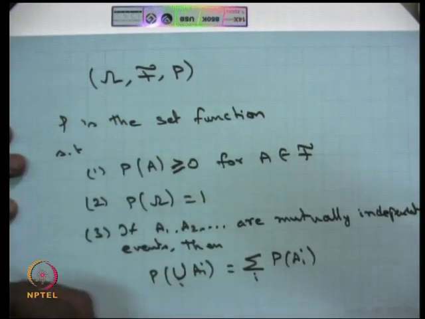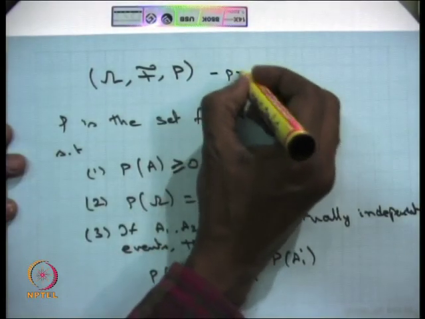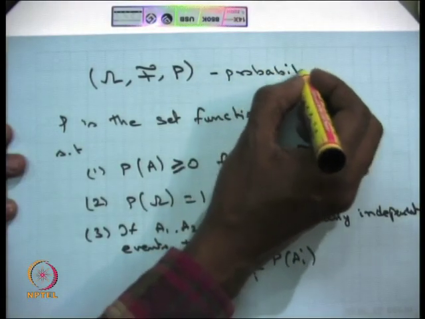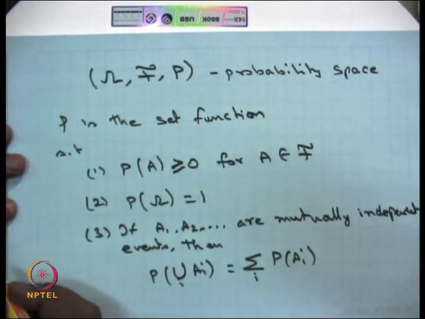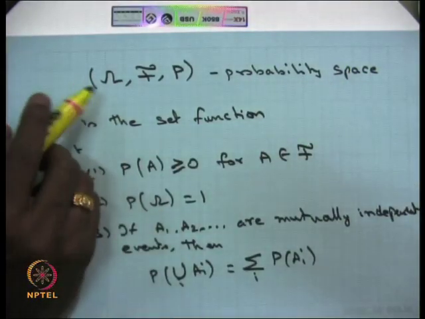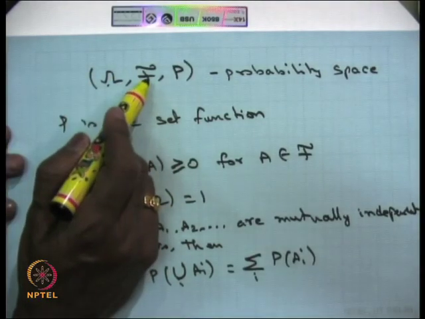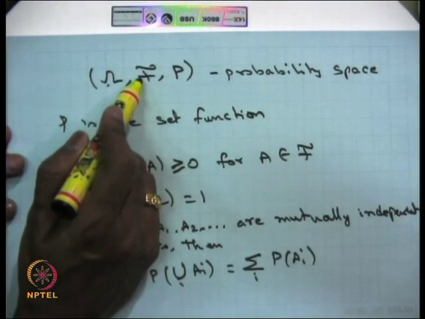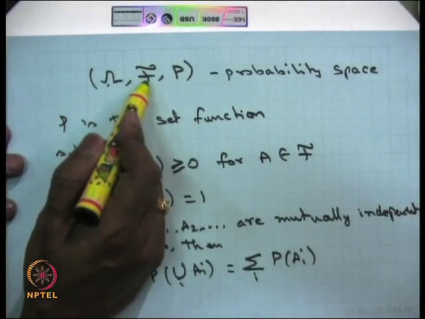Let me explain the probability space in a better way. This triplet is called a probability space as long as you have the collection of possible outcomes and a sigma algebra. This sigma algebra can be anything, and the default one is the largest sigma algebra.